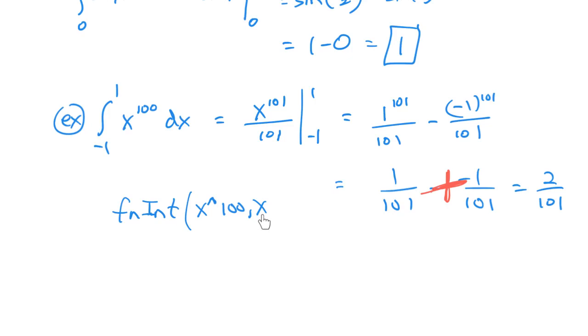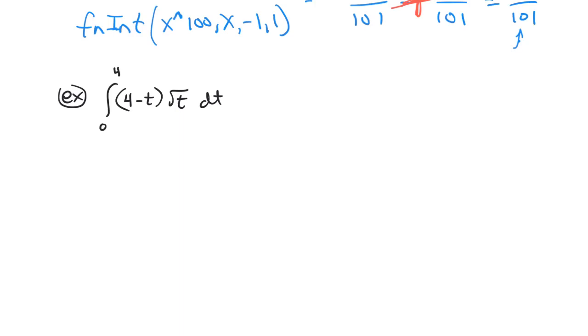I'm not really sure why it makes us do this, because there's only one choice. It only does single variable calculus. So anyway, plug that in there, -1 to 1. And you should get a decimal, but then if you hit math enter, it will convert it to a fraction. And then you should get the same thing that we got here.